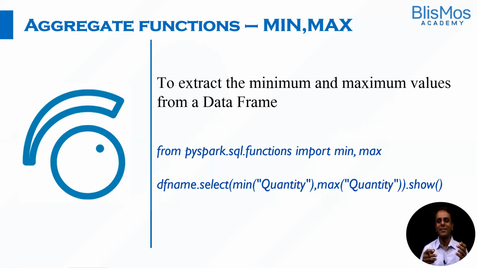Okay. Next couple of functions are min and max. They are also very simple. Min will get the minimum value in that particular column. Maximum will get the maximum value in that particular column. If you remember, when we discussed in the earlier lecture, we said mostly we do the aggregation functions on numerical values.